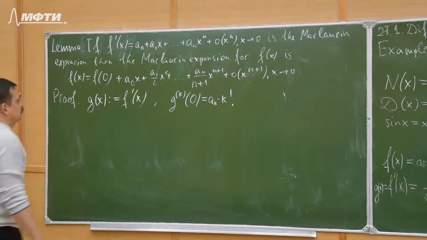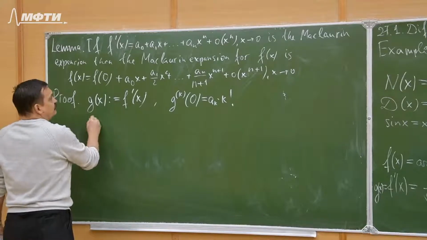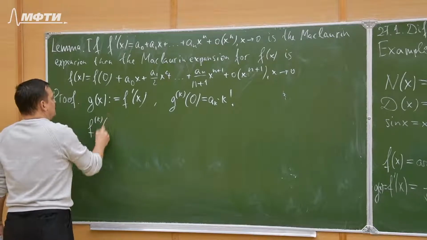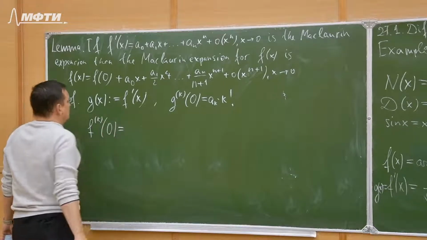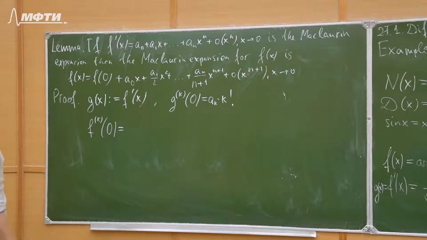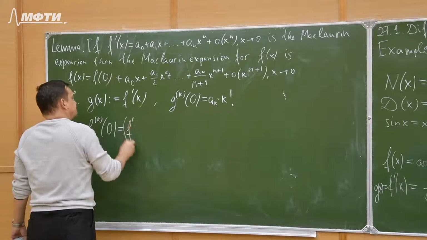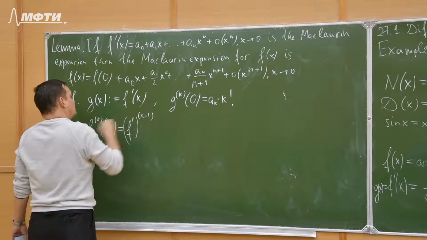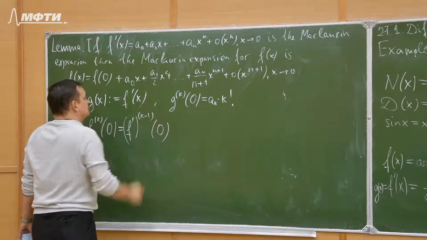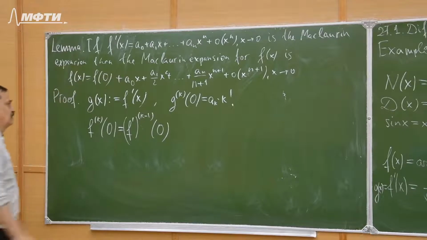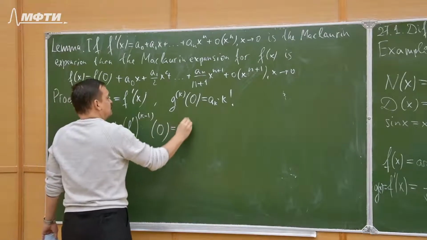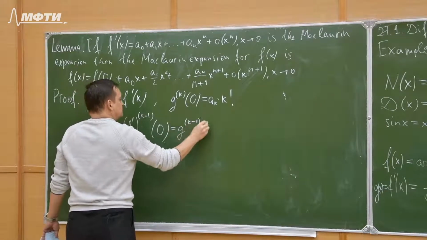Then we have f^(k) at 0 is equal to f prime^(k minus 1) at 0. That is g^(k minus 1) at 0.